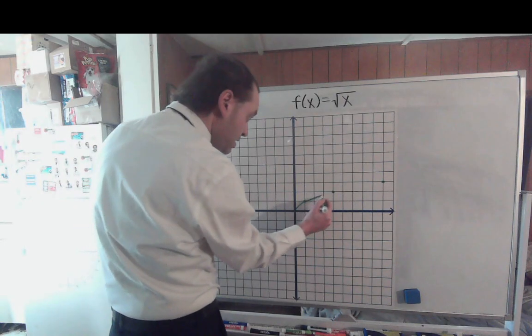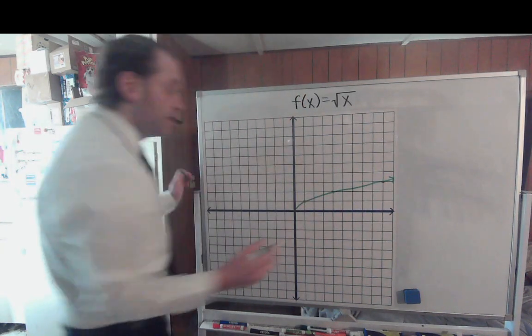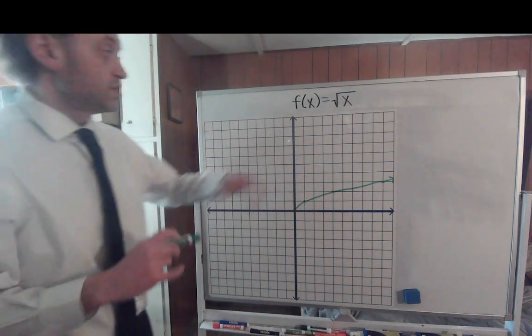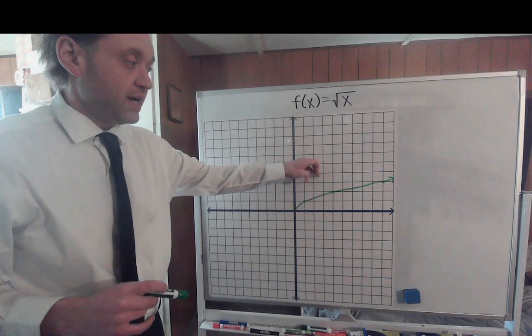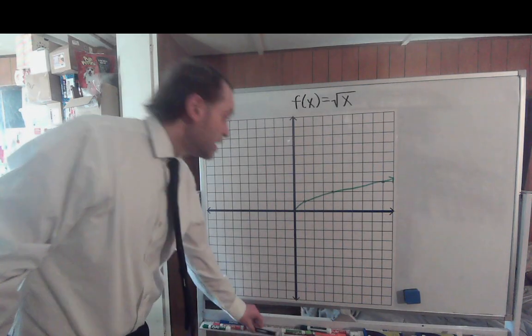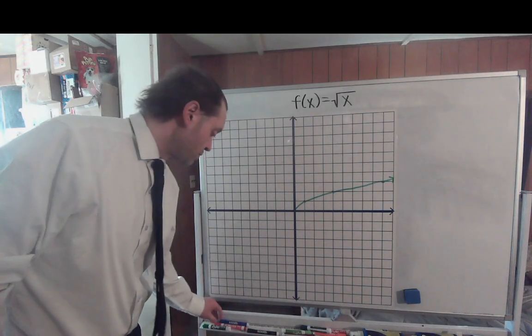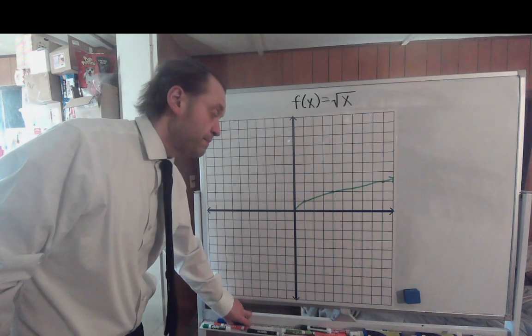So here's roughly what the curve for f of x equals the square root of x looks like. Now, let's say right beside it I want to draw its inverse. What's the inverse function?